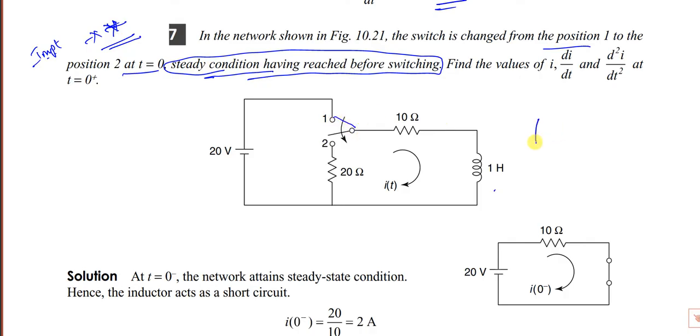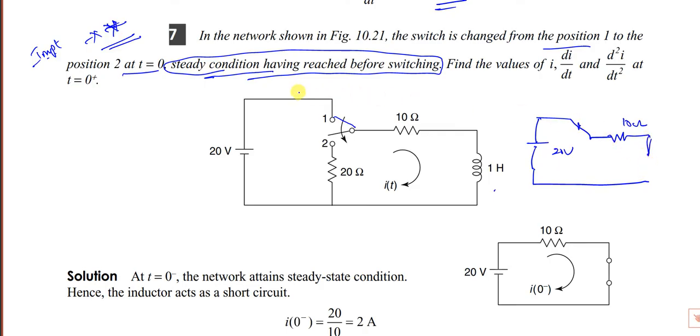So you can rewrite the circuit with this position, and here steady state is already reached. This is 10 ohm and this is 20 volts, and this inductor is in this position.